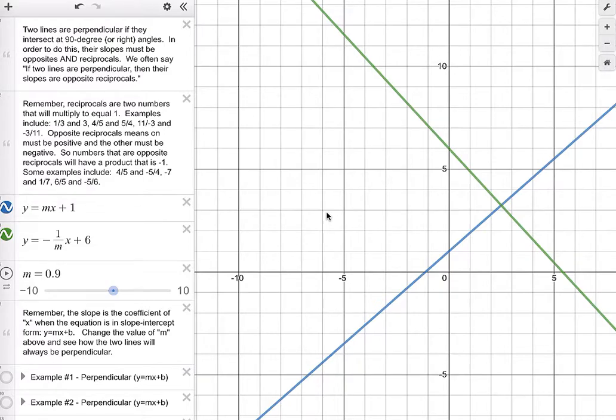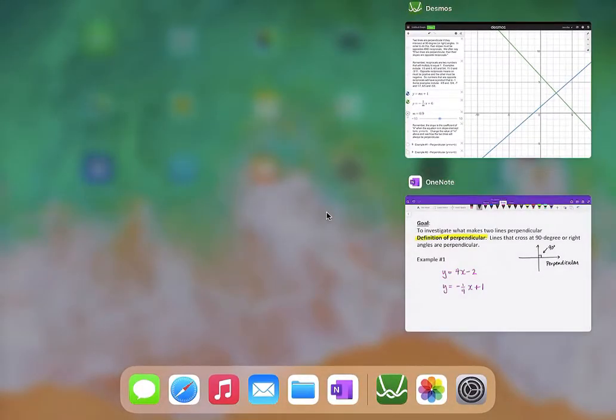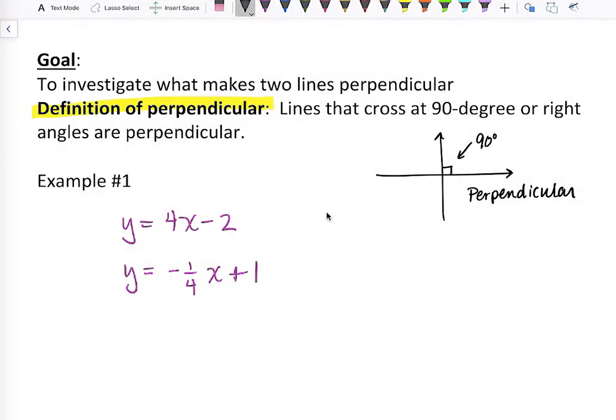So recall, reciprocals are two numbers that will multiply to equal 1. Let's go back over here and think about what reciprocals are. You can also think of them as the flip of the fraction. Now, I don't like to use the word flip because I like to use accurate vocabulary, but if I have 2/3, the reciprocal would be 3/2.